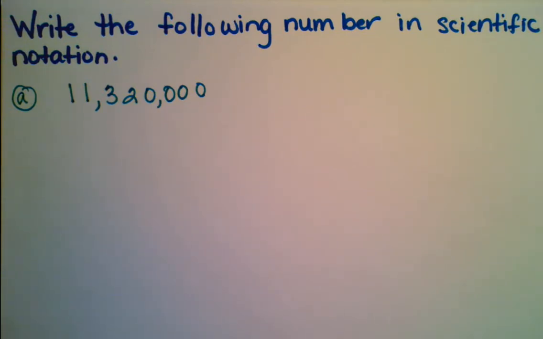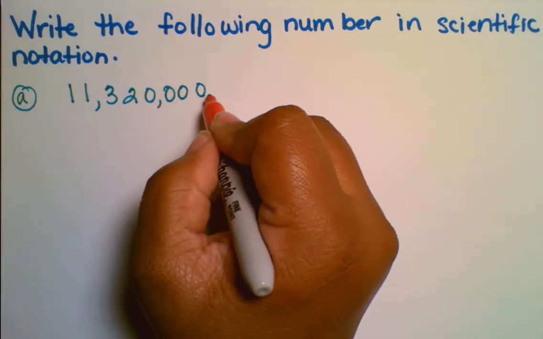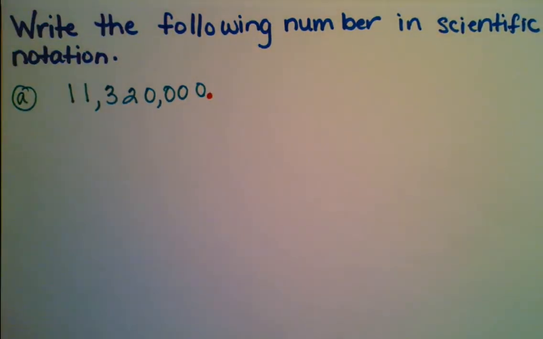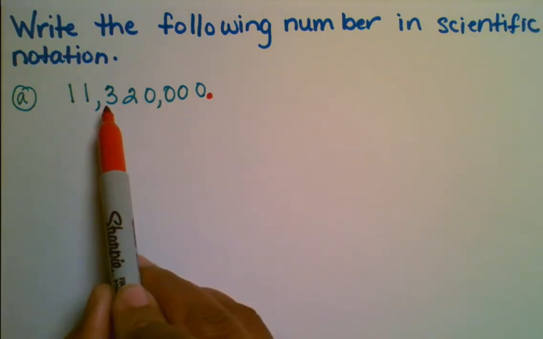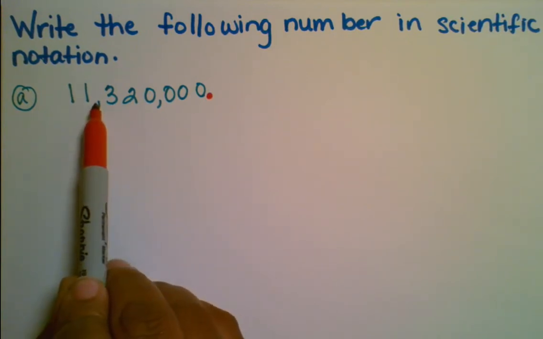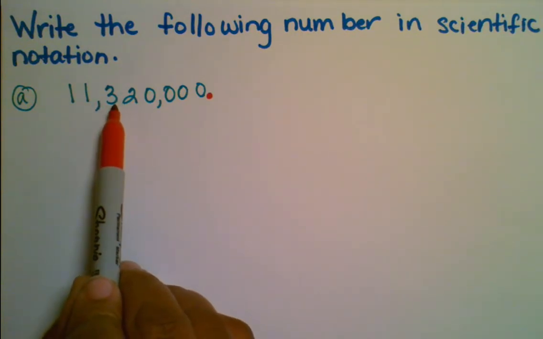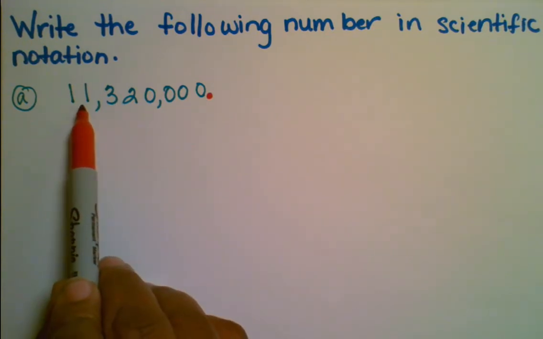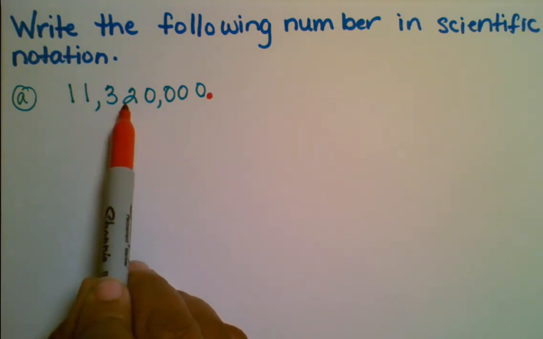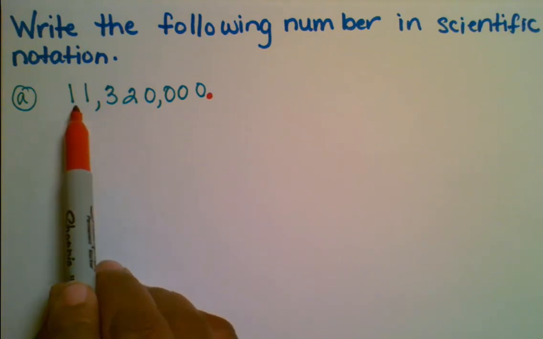When there is no decimal point, the decimal point is understood to be after the last digit. Here's our decimal point. Then move the decimal point to a location that would give you a number between 1 and 10. We can't put the decimal between this 1 and 3 because that's 11. We can't put the decimal point between the 3 and the 2 because we will have 113.2, and that's not between 1 and 10. So we will have to move the decimal point between the two ones.